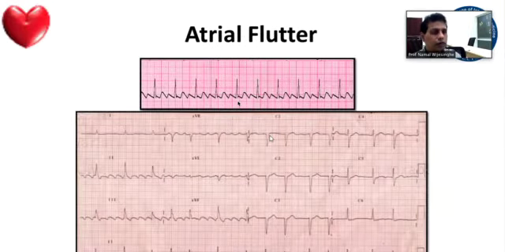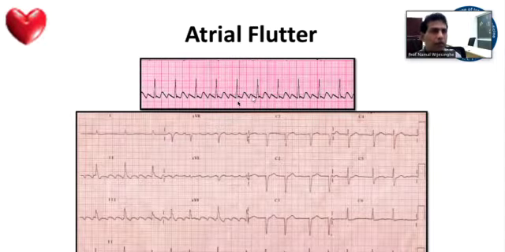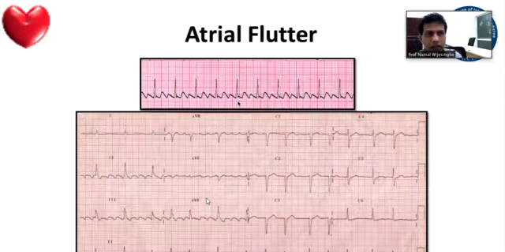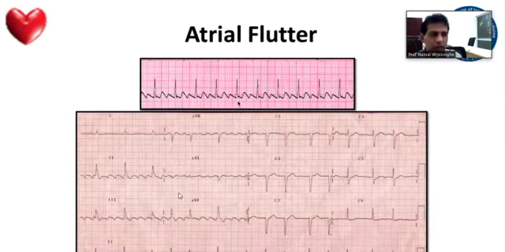Now, atrial flutter is also an atrial rhythm, but usually it originates around the tricuspid valve, and it always associates with some form of block. Now, in atrial fibrillation, the atrial rate is about 380 to 400. In atrial flutter, the flutter rate is about 280 to 300.